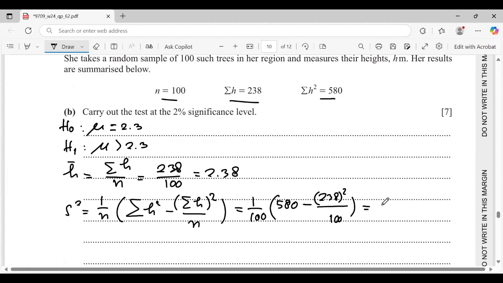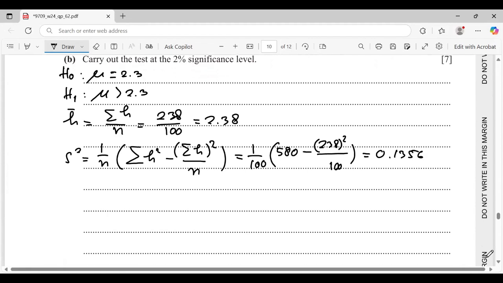If you calculate, the result is 0.1356. So the standard deviation is the root of 0.1356, which is 0.3682.